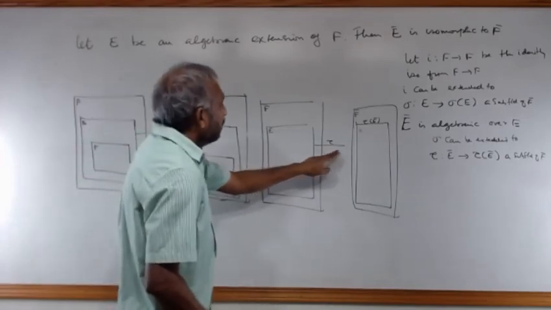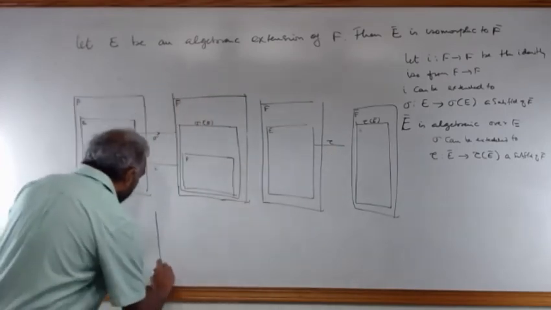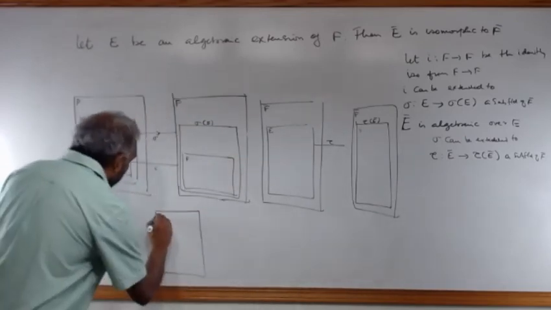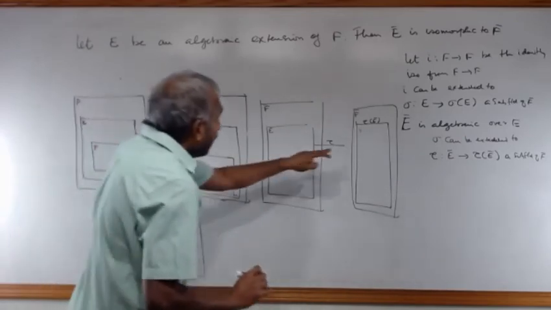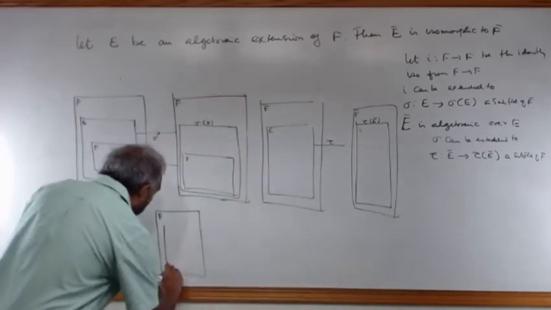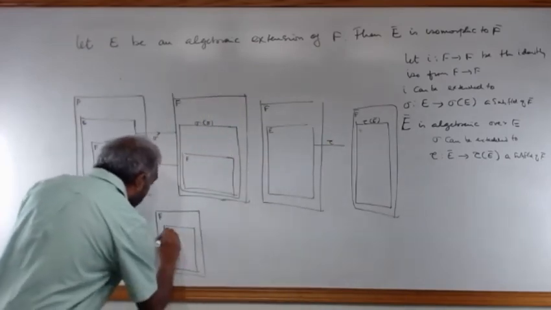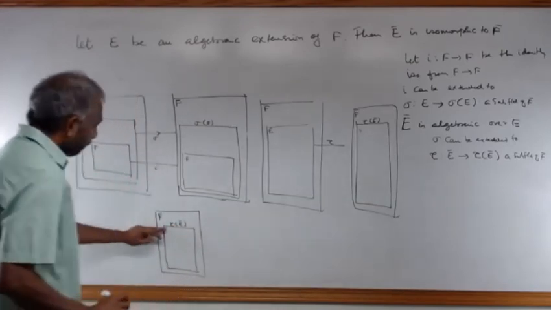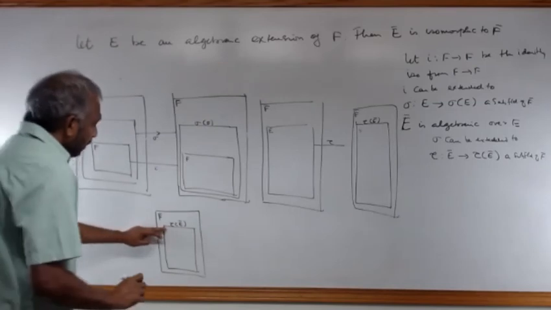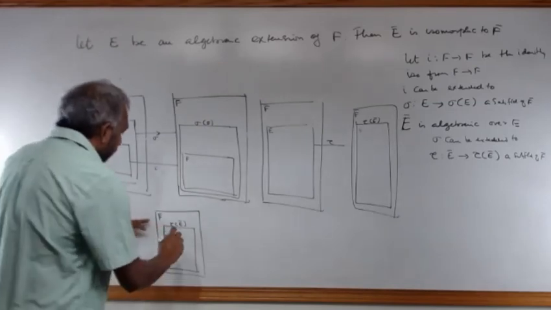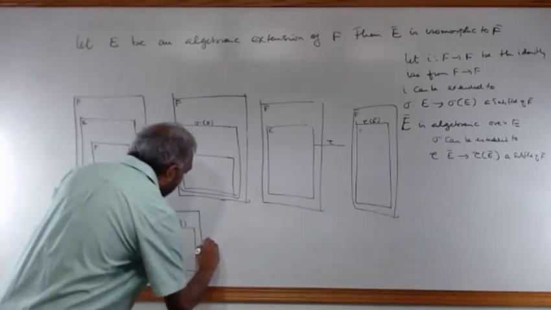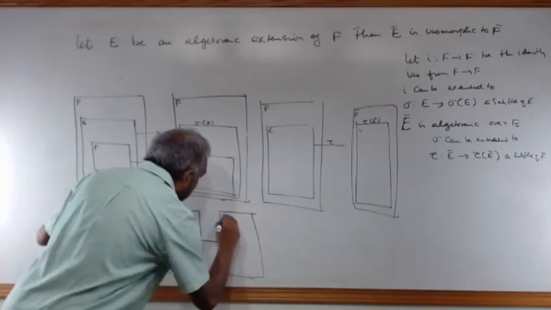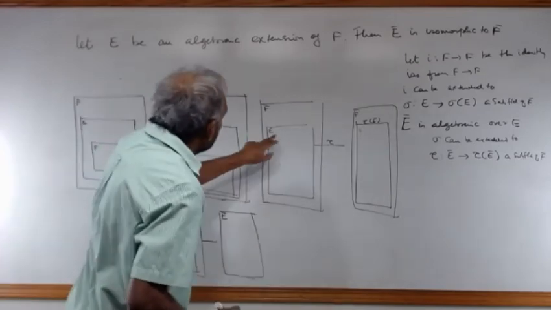Now consider the inverse of this. So we'll draw another diagram here. We have F closure here, tau of F closure here, tau of E closure here, and E closure.